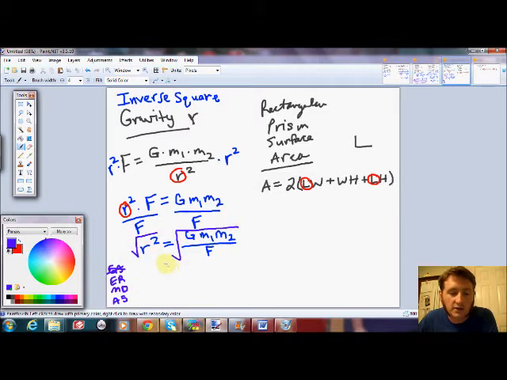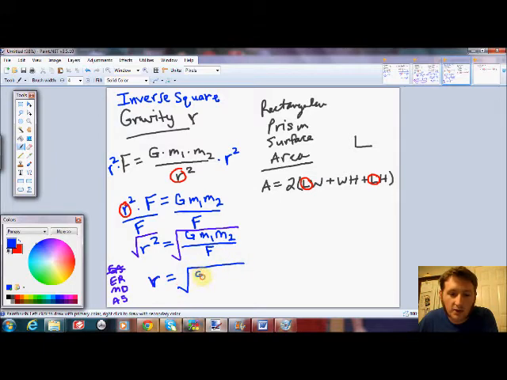And the square root of a square is just going to leave us r. There's a little bit more to all this, but for right now this will work. And this square root doesn't really simplify.